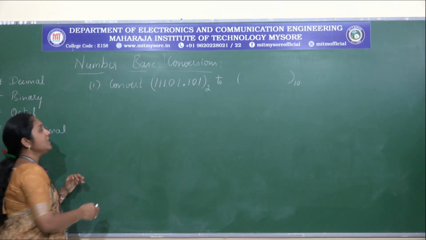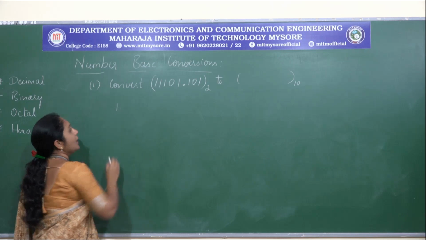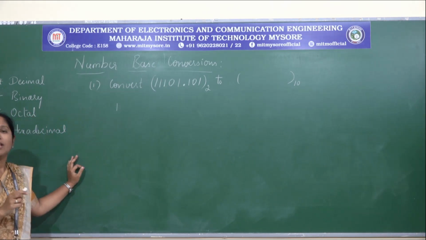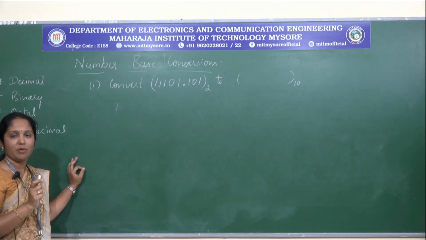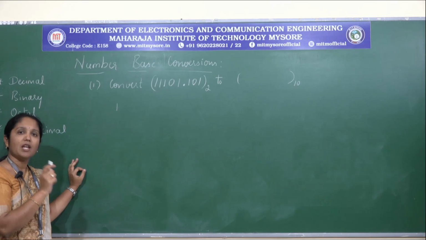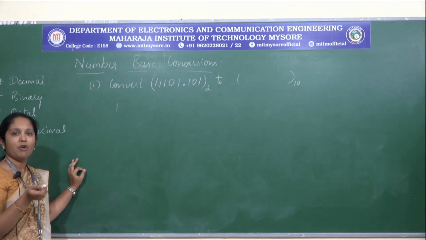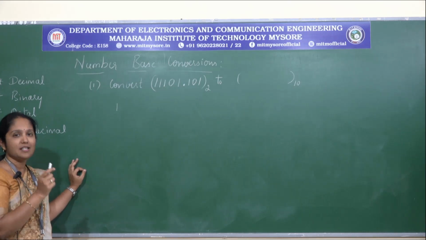Now let us consider the binary number. In order to convert any given number into the decimal number, we just need to express that number in expanded form. In the previous class we have seen how to express any compact number in expanded form. If you just express it in expanded form, that is sufficient.